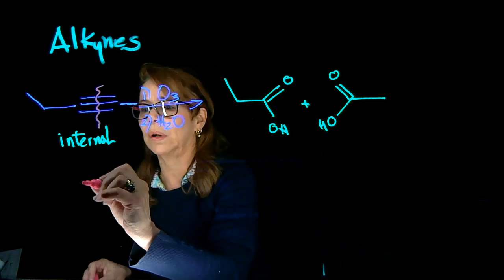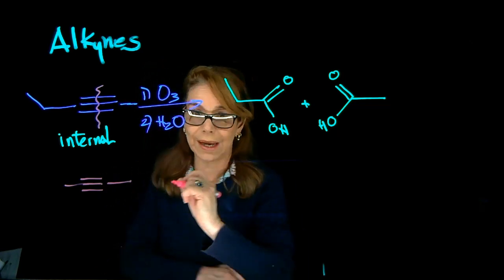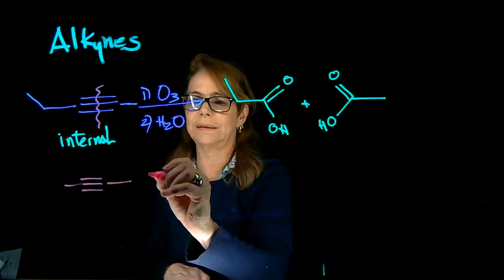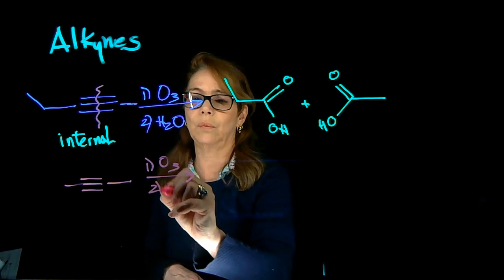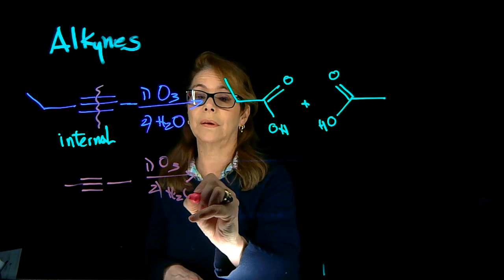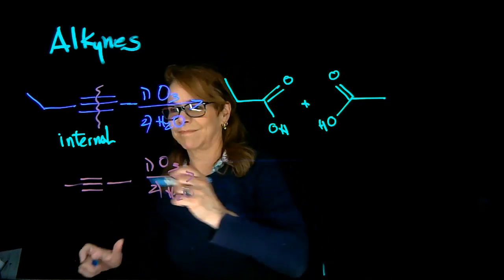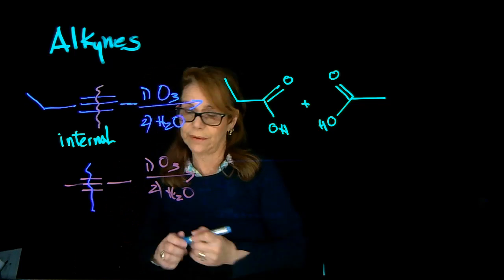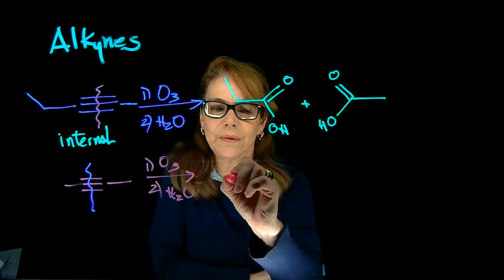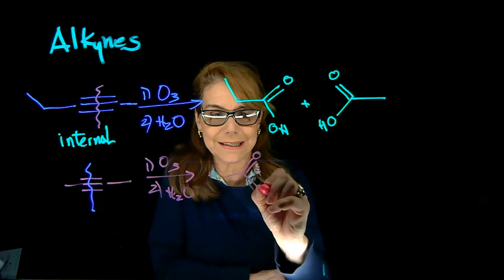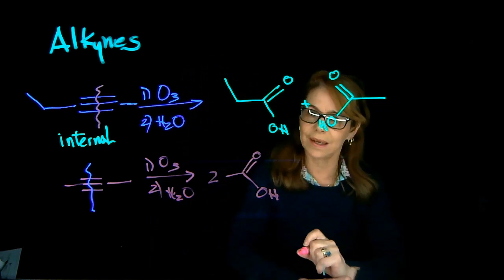If this was 2-butyne, and you did exactly the same, ozone and then water, in this case you're going to have, because you split here, you're going to have 2 moles of the same product. So having 2 carbons, what you get is acetic acid. You're going to get 2 moles of acetic acid.